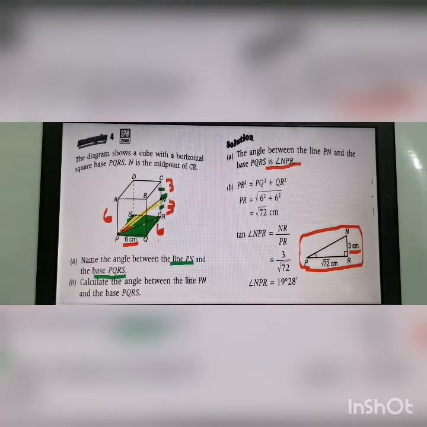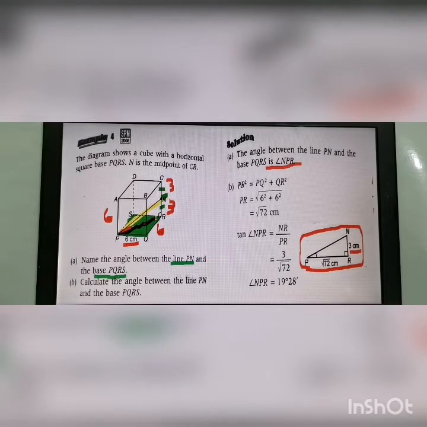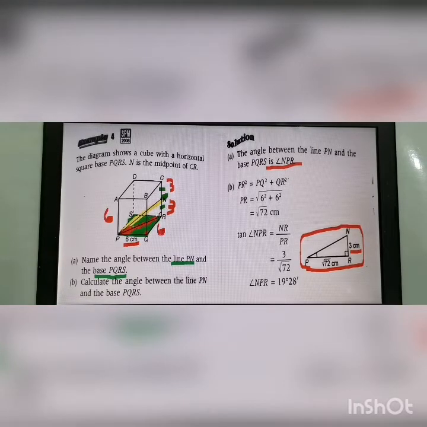Okay, now there is a problem here. How do we find the length of this one? Okay, here is a 90 degree. Same also, we're using the Pythagoras Theorem. Just now we learned 6 here, 6 here. If you want to find the length of the hypotenuse, you need to use plus.